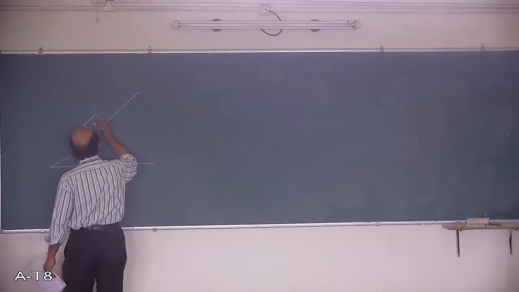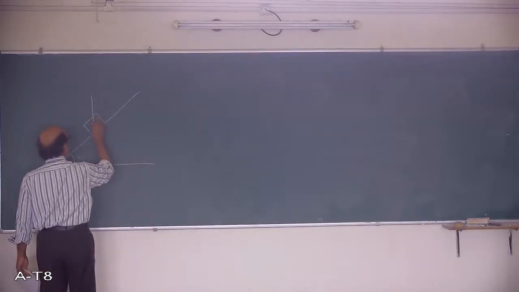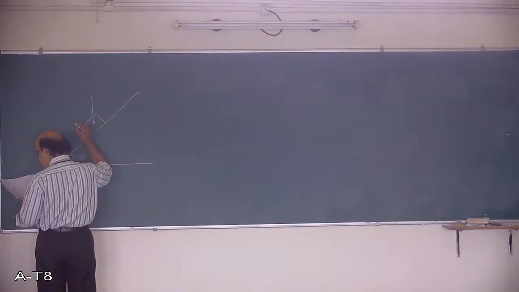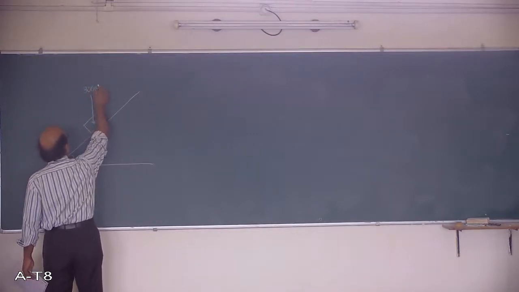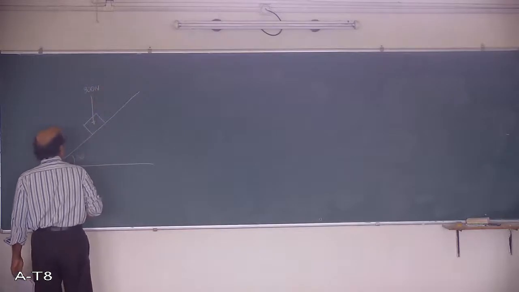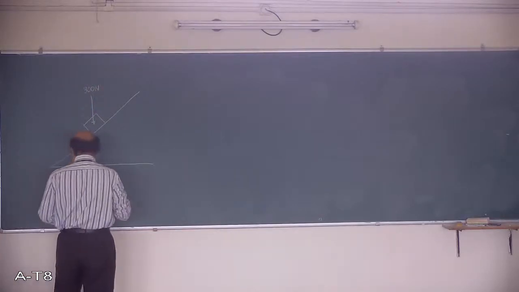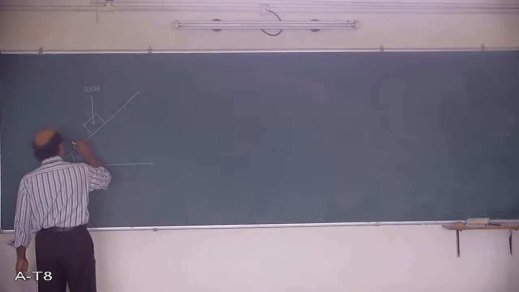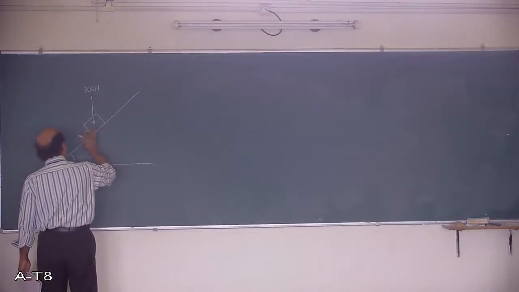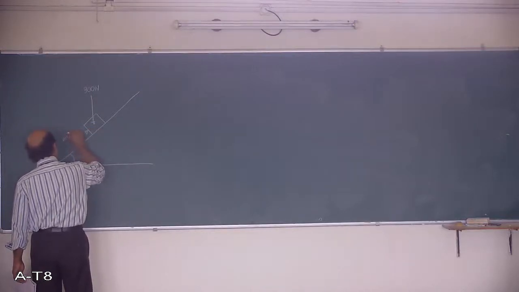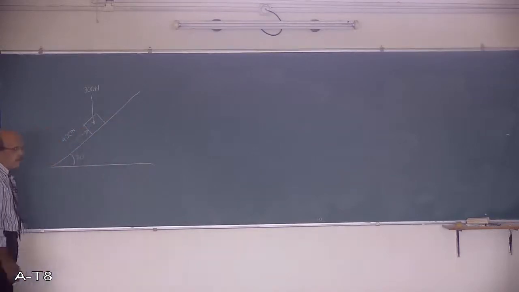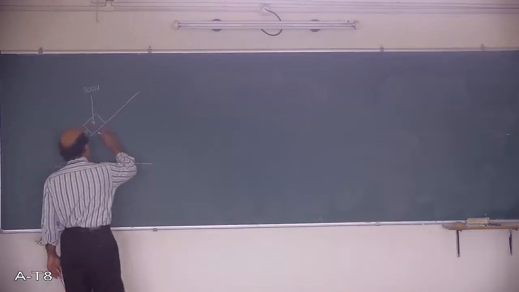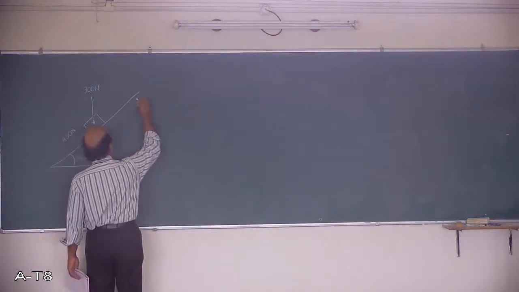Its weight is given, that is 300 Newton, and a force of 400 Newton is applied, pushing this block parallel to the plane. Now it moves a distance of around 6 meters.